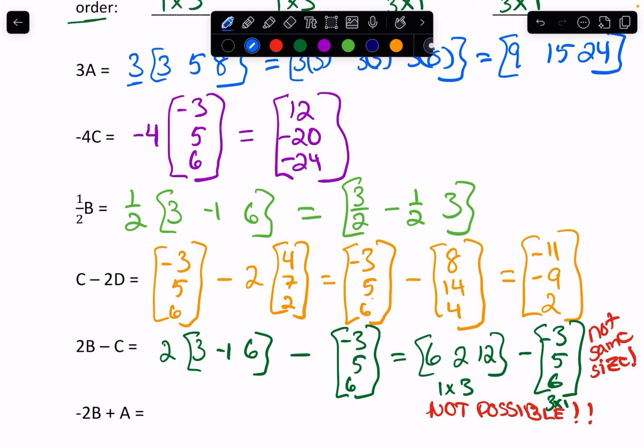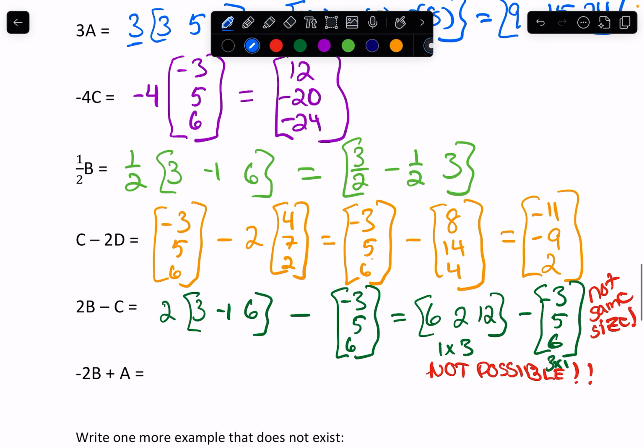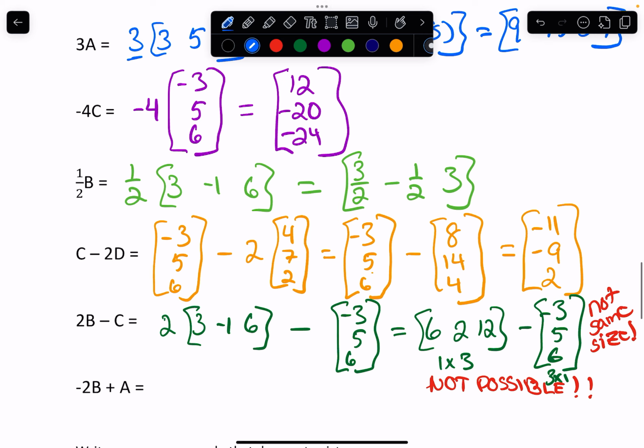Okay, next one here is -2 times matrix B plus matrix A. So -2 times 3, -1, and 6 plus matrix A, 3, 5, and 8.